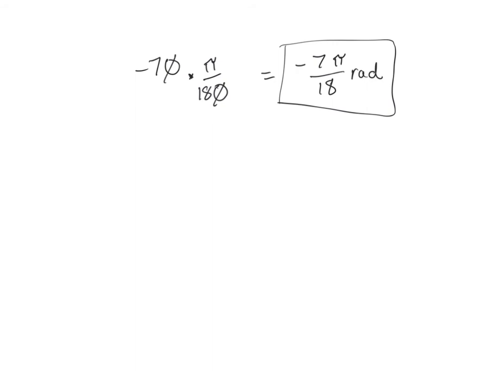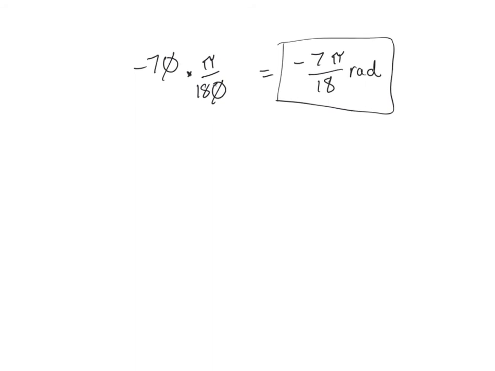Likewise, what if I need to convert my radians back into degrees? So let's say I have negative 7 pi over 6 radians and I want it in degrees. Well, then we just multiply by the reciprocal, so 180 over pi. That cancels out my pi.